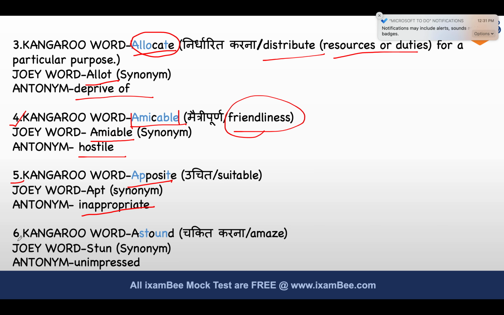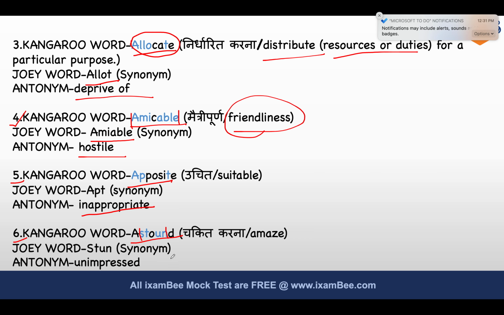Let's take a look at the next kangaroo word, astound. What does the word astound mean? Astound means to amaze someone, to surprise someone, right? Now, what about the word stun? If you see carefully, the word stun is hidden inside the word. Stun is a synonym of the word astound. Stun also means the same thing, to surprise someone, to amaze someone.